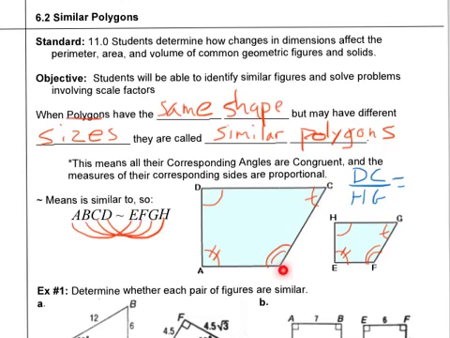We could say BC from the bigger polygon over the side that corresponds with our original polygon, which is GF. And we could say that's true if we picked any side. So DA over HE should be equal to AB over EF, and all of these as well. So we'll put that into practice here.